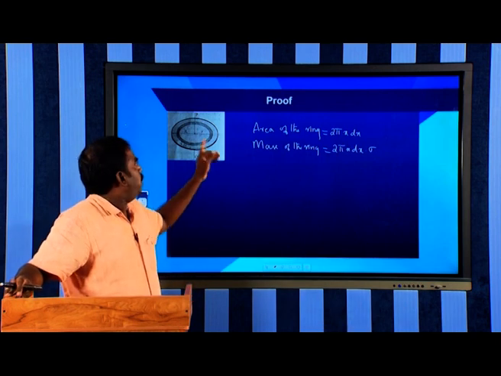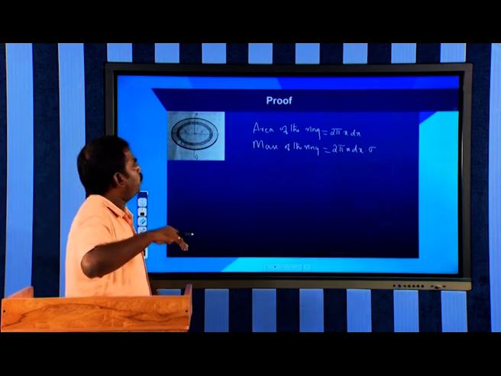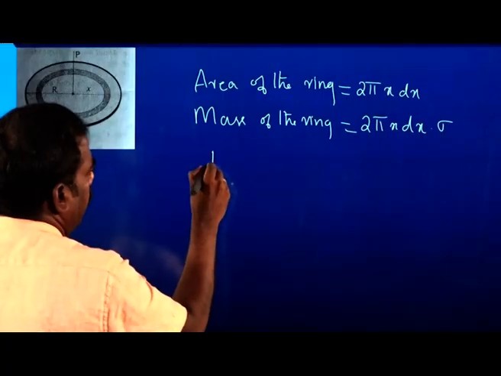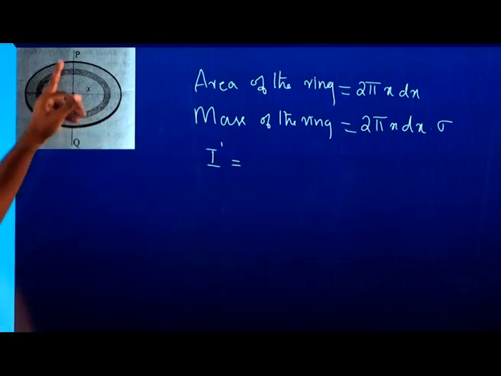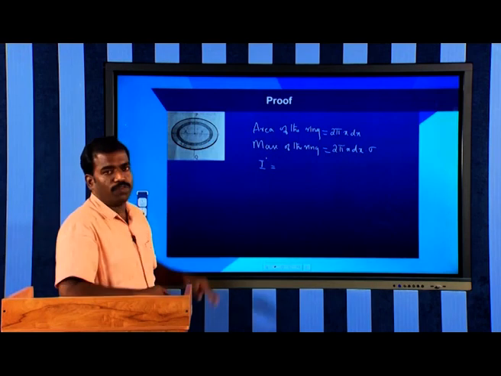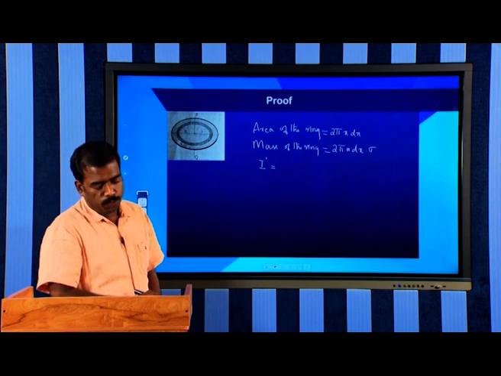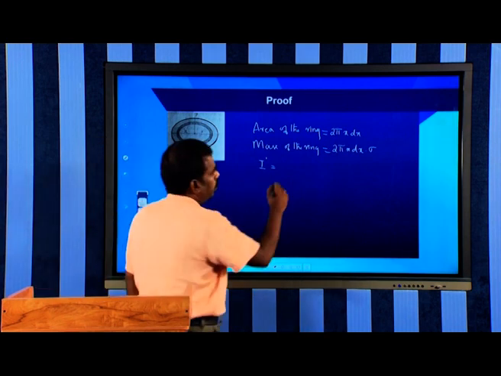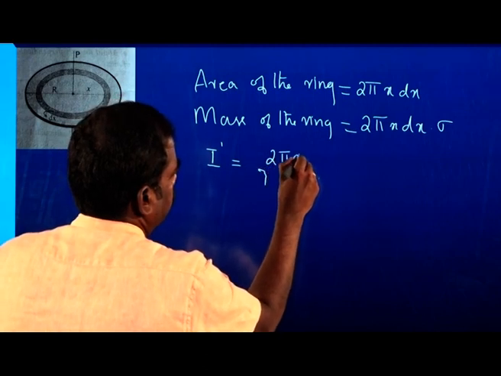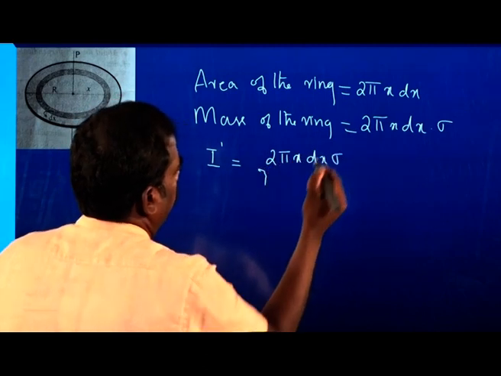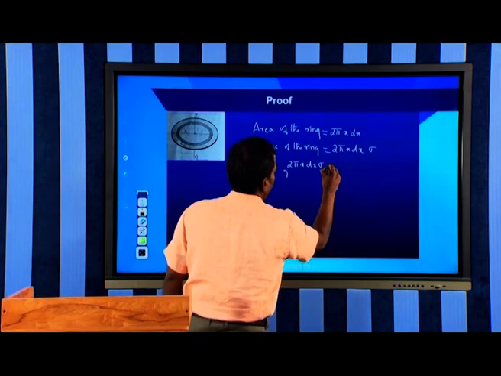Next, you can easily find out the moment of inertia of this particular ring, which is at a distance of x from the axis of rotation, given by I dash. The moment of inertia of the ring about an axis PQ, at a distance of x from the axis of rotation, is given by mass into distance squared. So the mass is 2 pi x dx sigma, into the distance, which is x, so into x square.